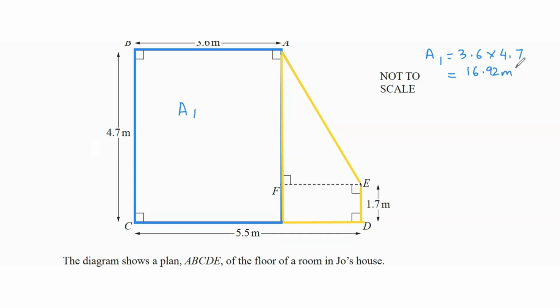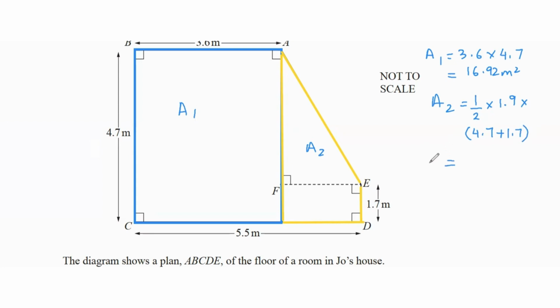16.92 meters square. Then for A2, that's 1/2 times the height, which is EF, times the sum of parallel sides, which is BC and ED. So that's 4.7 plus 1.7.